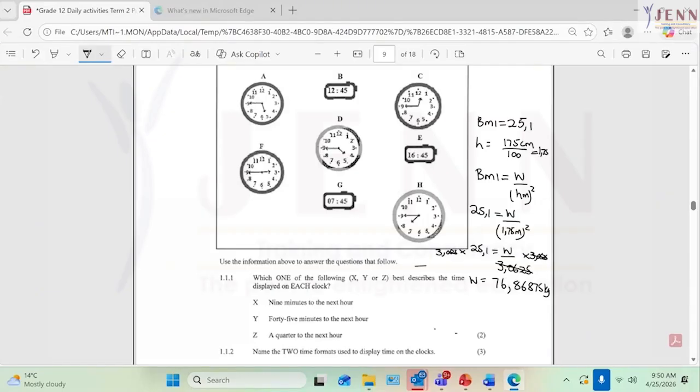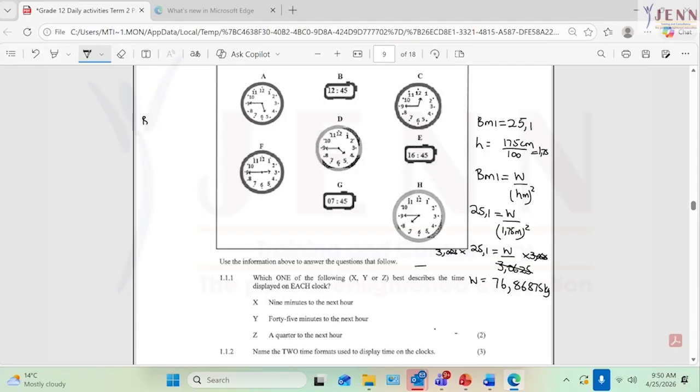While I'm still here, I'm going to use the same information, but this time let's assume that we don't have the height. We have to find the height, because I know it's also a problem to find the height. I'm going to summarize the information again.